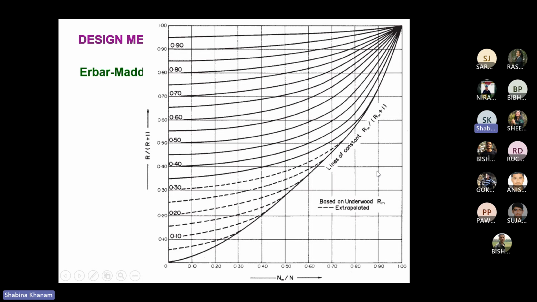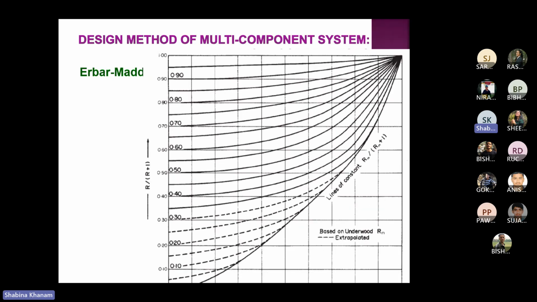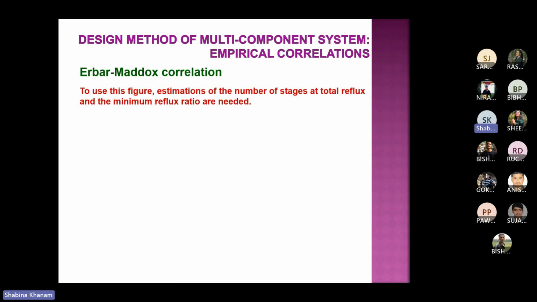Nm will be at total reflux, Rm will be at minimum reflux condition, which gives the maximum number of trays. When we would like to use this figure, we need to identify the minimum number of trays and the minimum reflux ratio, Nm and Rm, that we have already discussed.